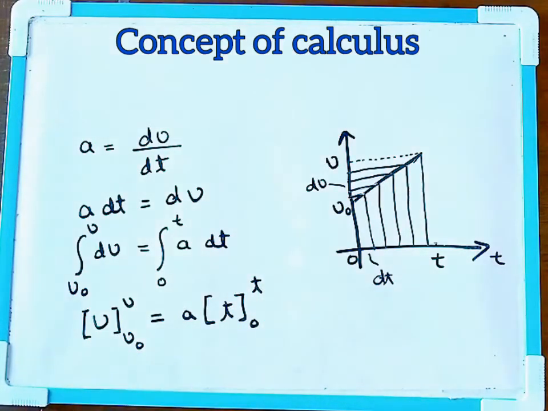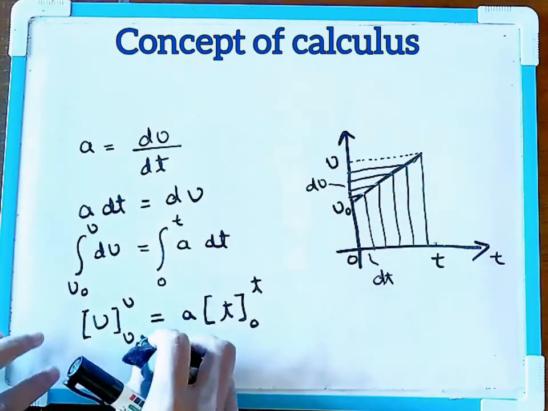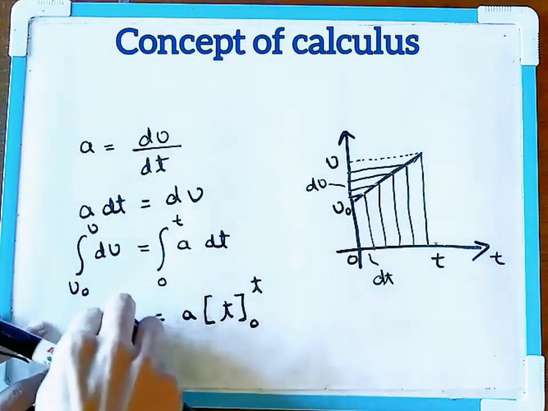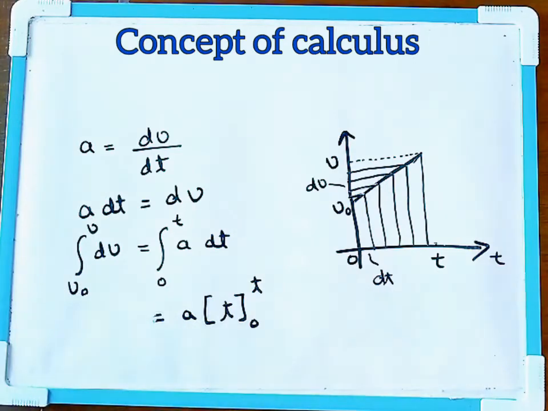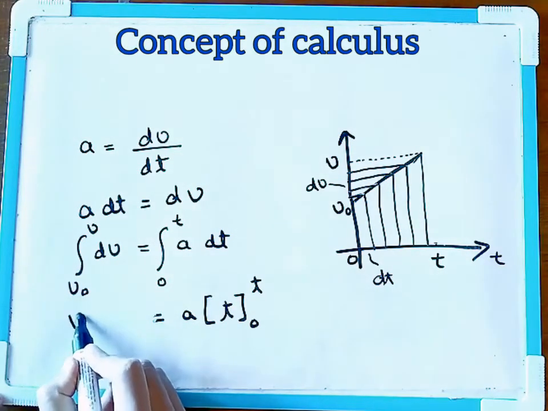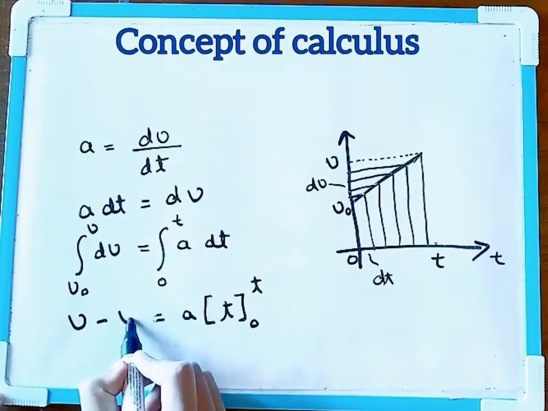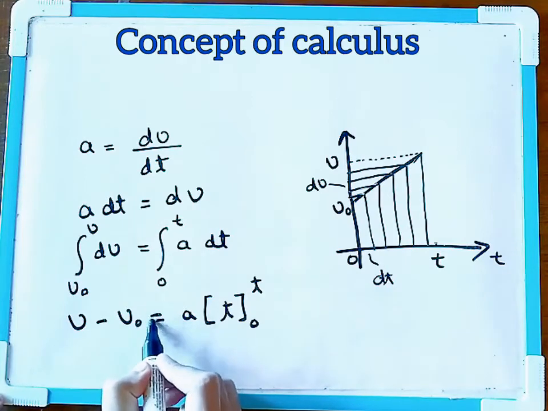In this case, we first put the upper limit, which is v, then subtract the lower limit v0. So if you put first the upper limit v, minus the lower limit, this again is a mathematical step.